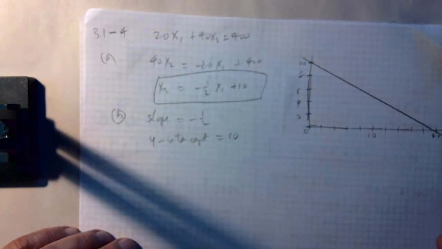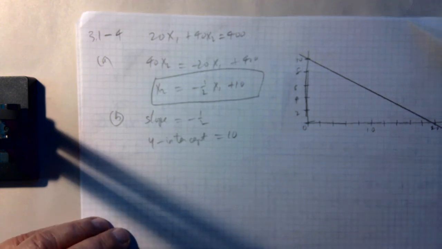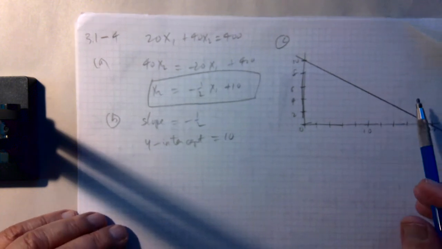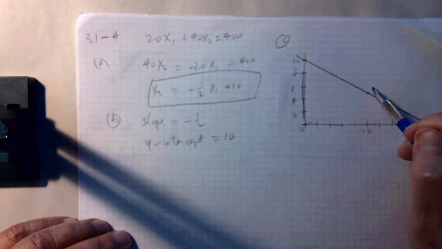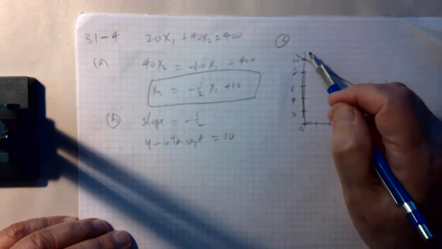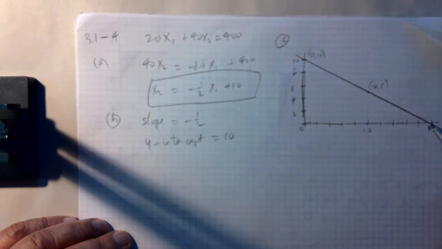That's the equation of the line, and that's the graph. So this would be, for example, the point 10.5. This is 0, 10. This is 20, 0.